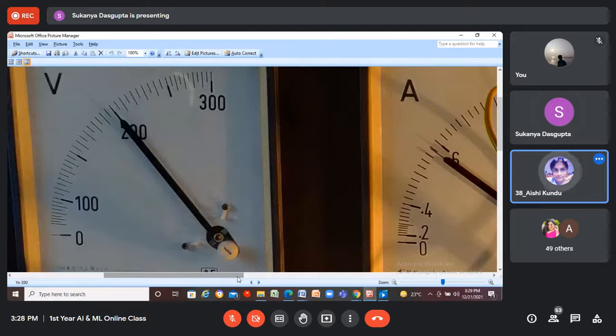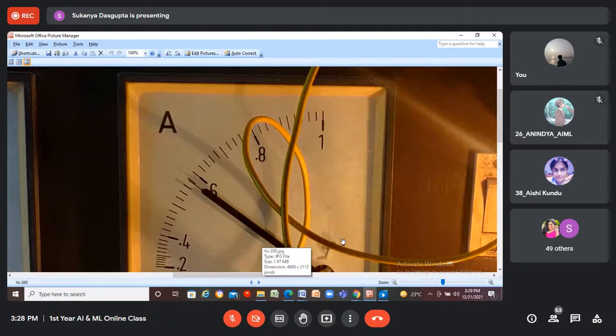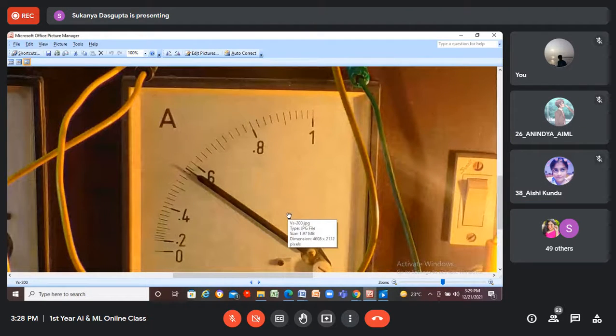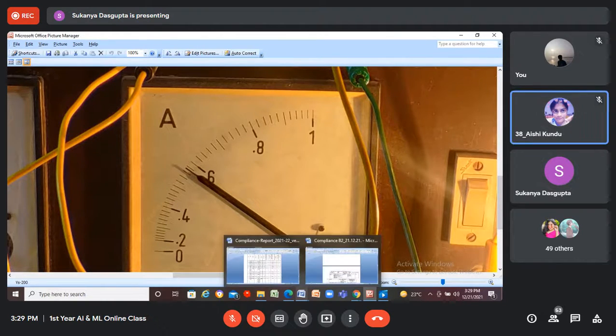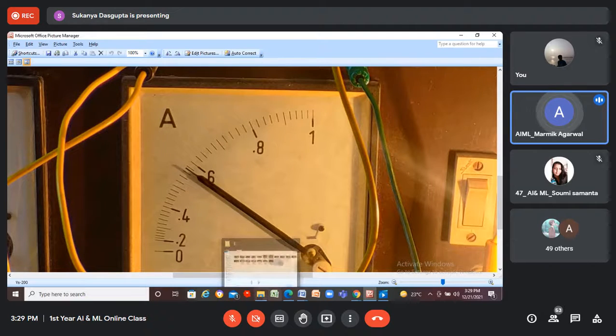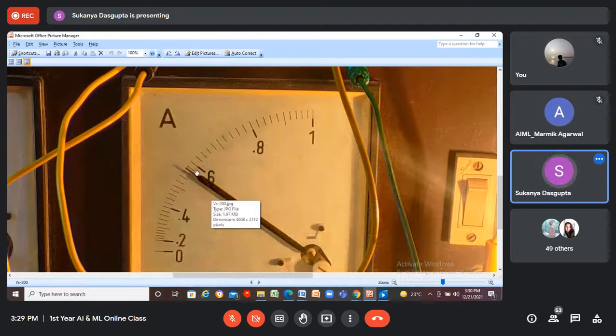For 200 volt, it is 0.58. No, ma'am, 0.57. The test one is 0.578.